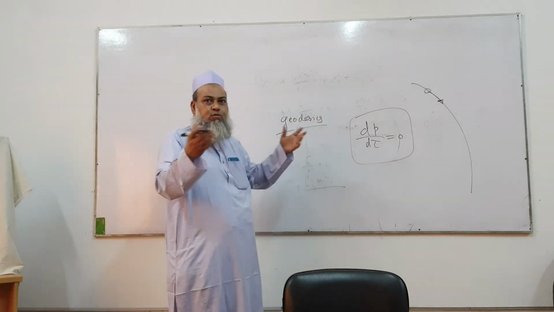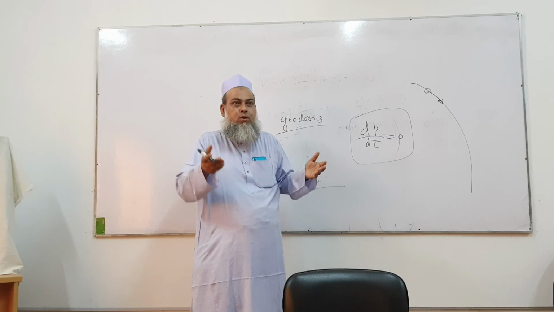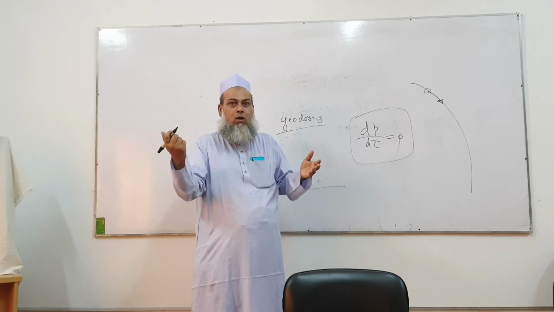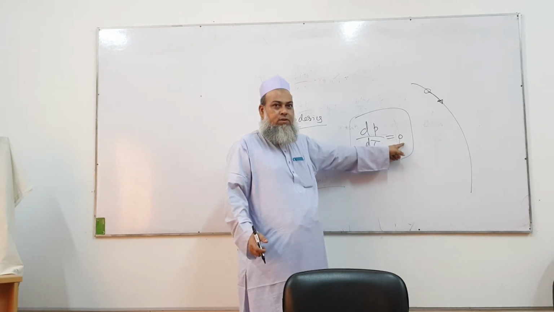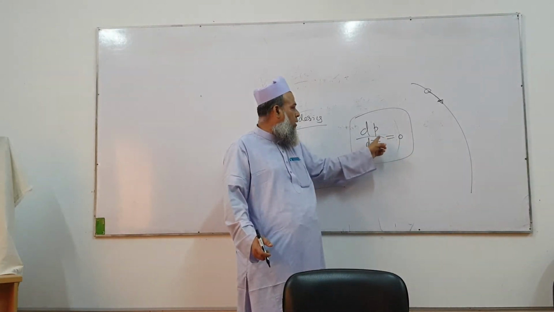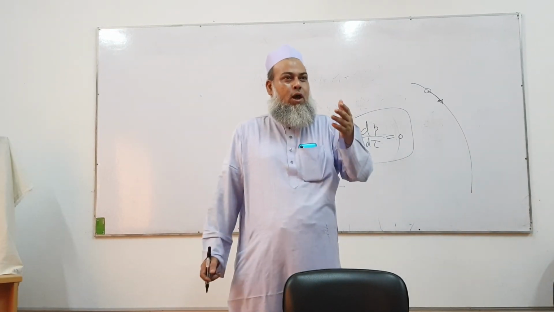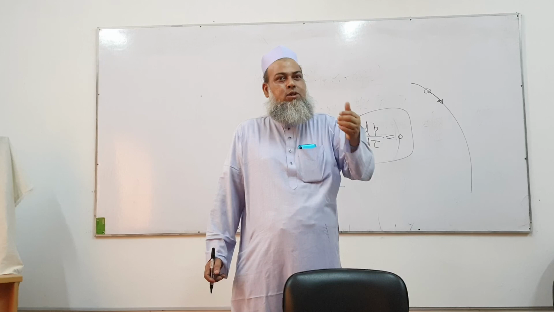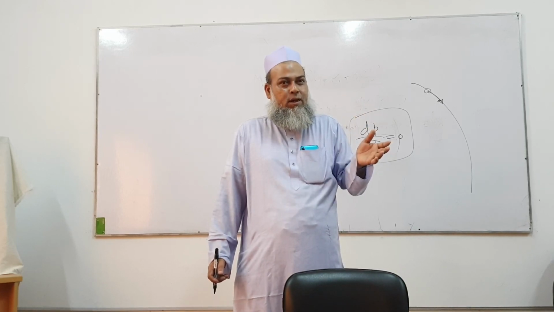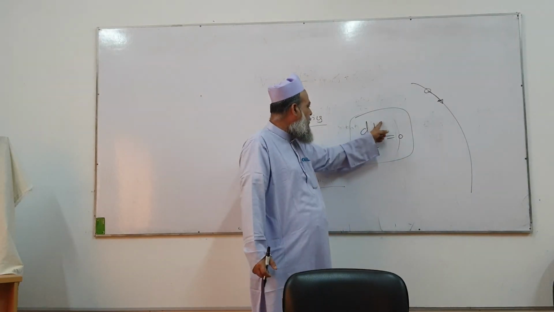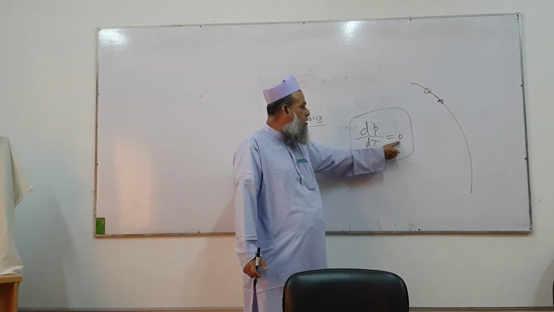So there is no force. Go back to Newton's second law, dp by dt is F. F is 0. dp by d tau. Why do we like tau? Because in relativity we have no choice but to use the proper time. We have no other time available for this. So p is the momentum, tau is the proper time, dp by d tau equals 0.